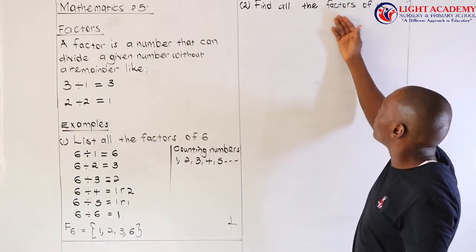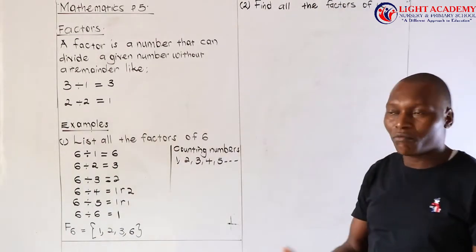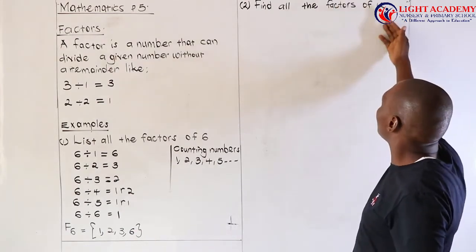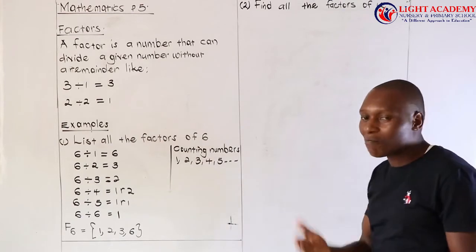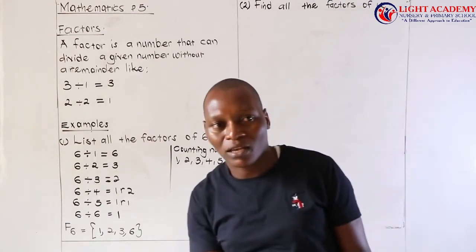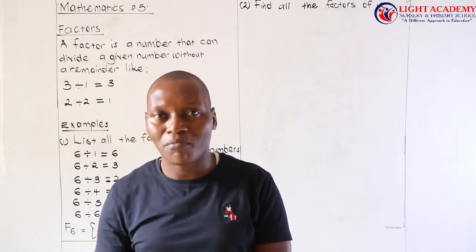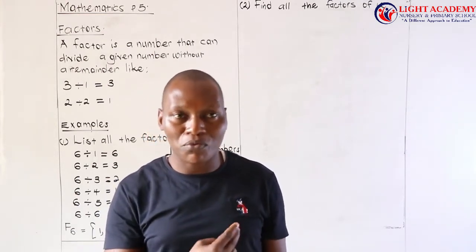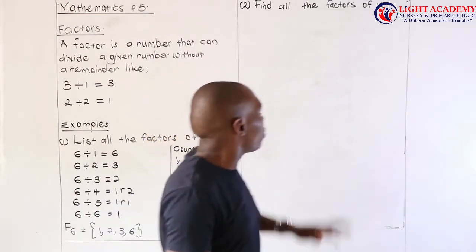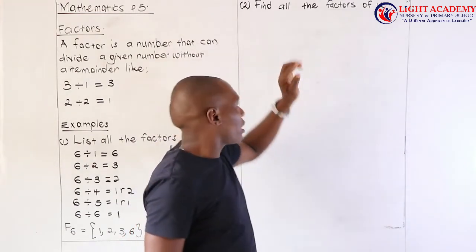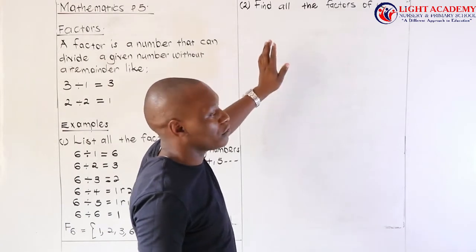So when I want to get the factors using the second method, I will simply look at the multiples of 12. In other words, I will be getting two numbers, a pair of numbers, such that when I multiply the two numbers, their answer or the product is 12. So we must be remembering the multiplication table of primary 4, that we looked at the multiplication of numbers.